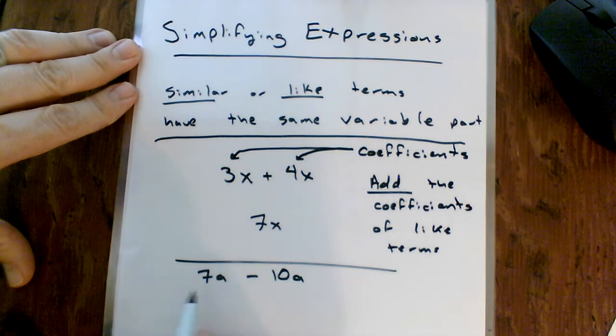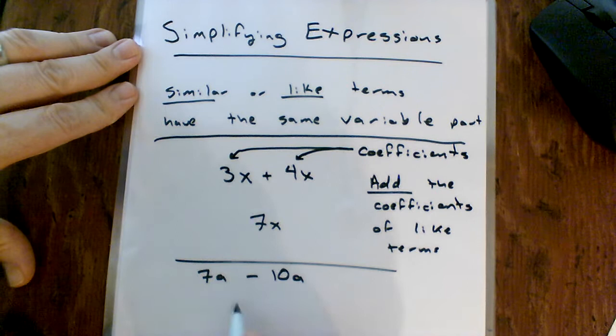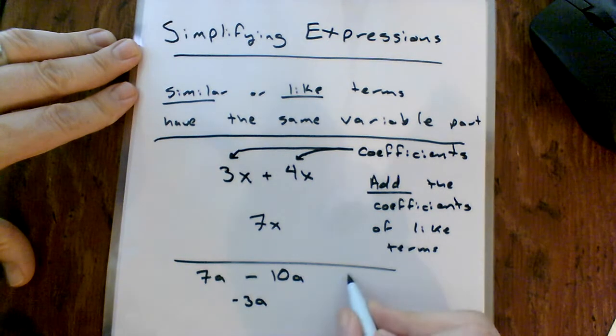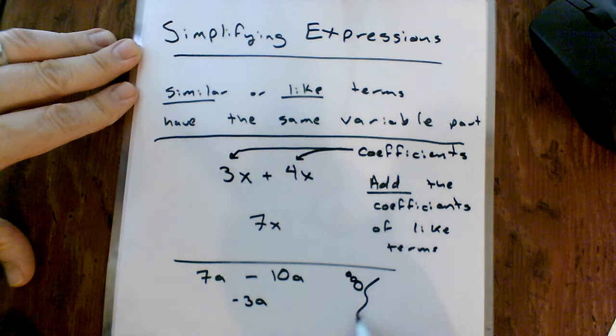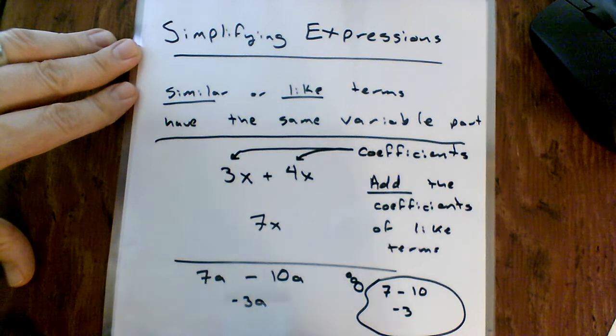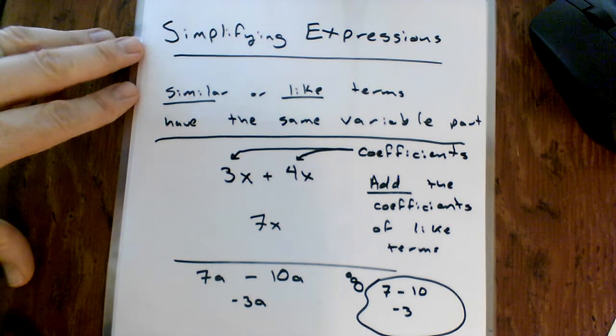Only in this case, this is going to be 7 minus 10, which is going to be negative 3. And then my variable always stays the same. So we're just adding together the coefficients of our like terms.